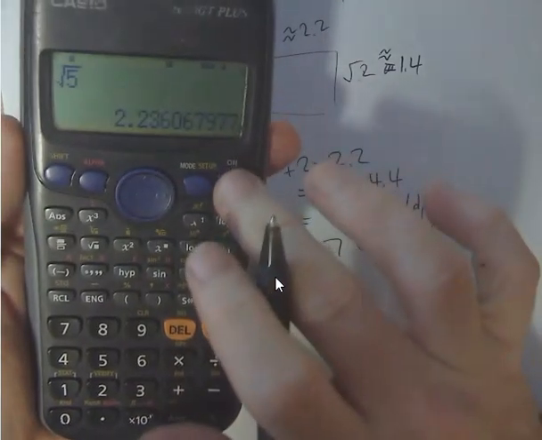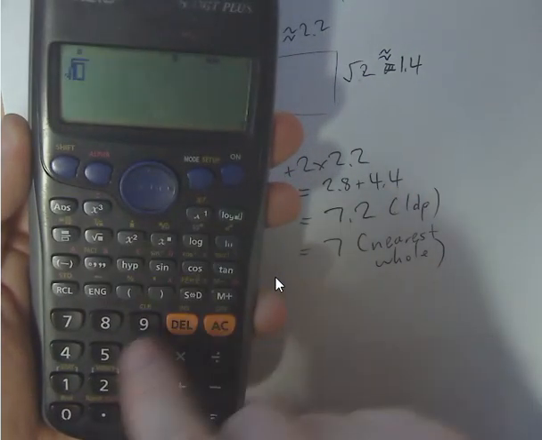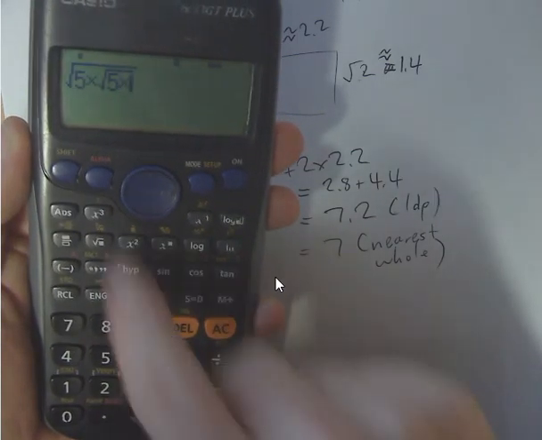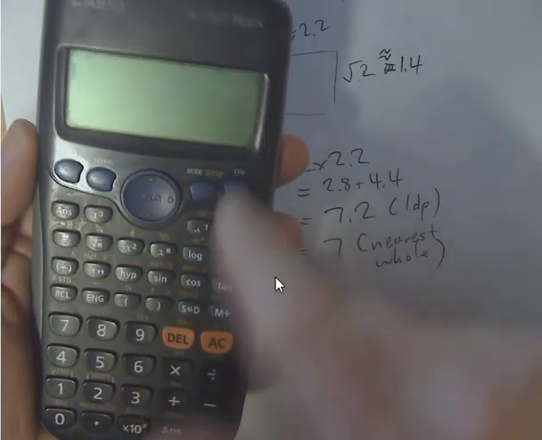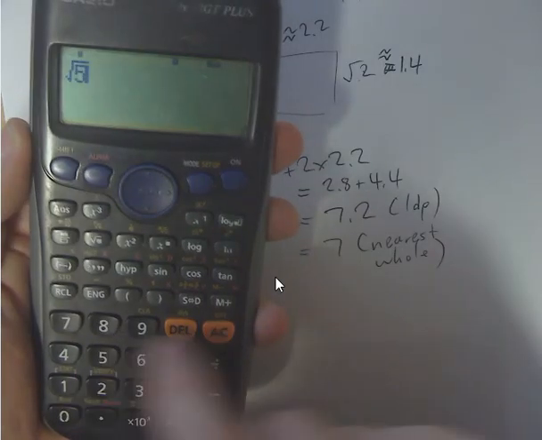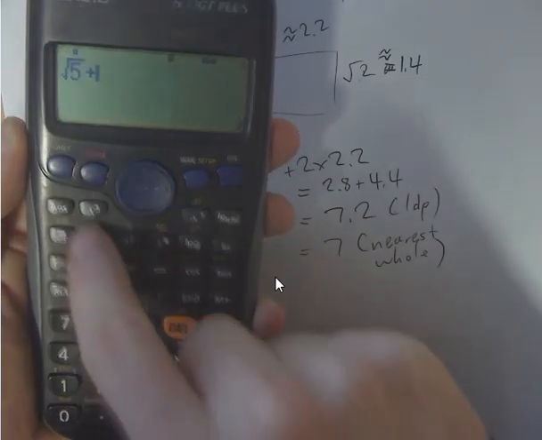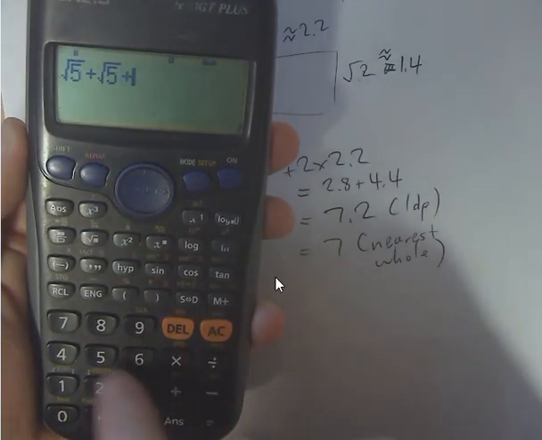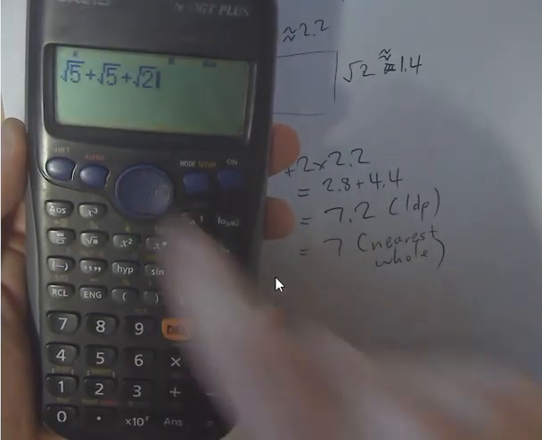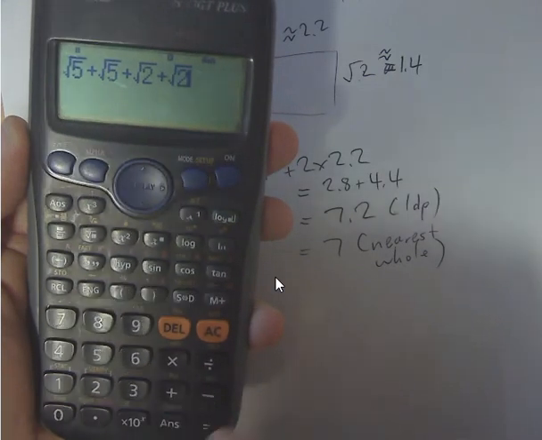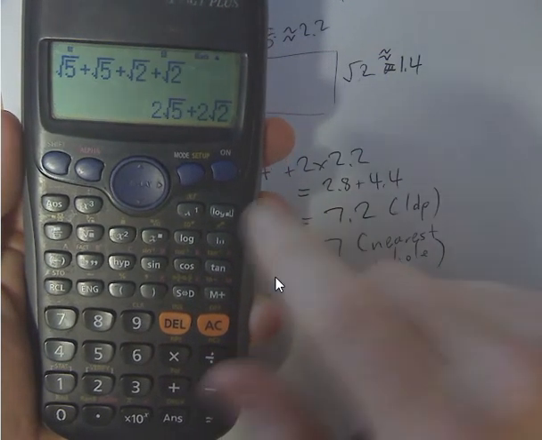But what if I'd done it properly? Root 5 plus root 5 plus root 2 plus root 2 equals that.